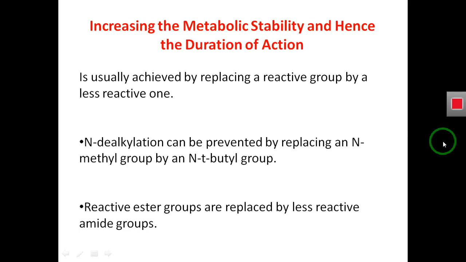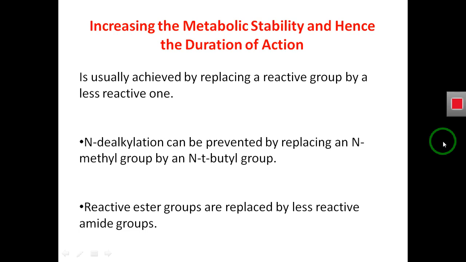So how can we design a drug by using this approach? We will replace a drug's more reactive group with a less reactive group.